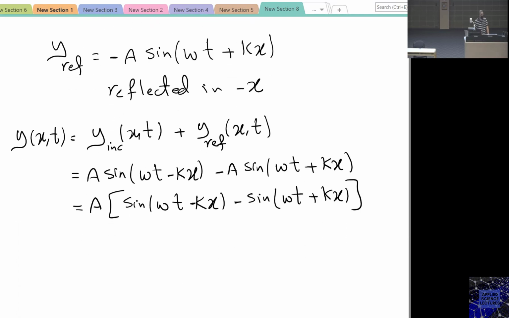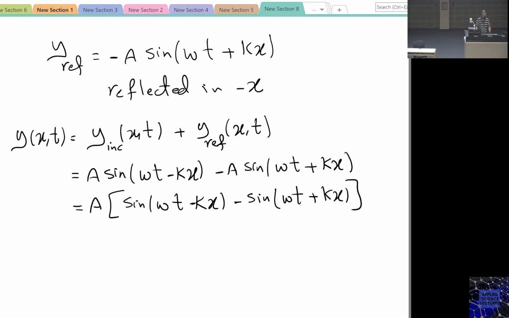So now I have a difference of two sines, of two phases. One of them is omega t minus kx, and the second one is omega t plus kx.